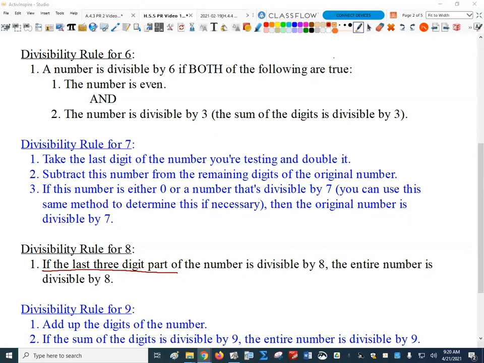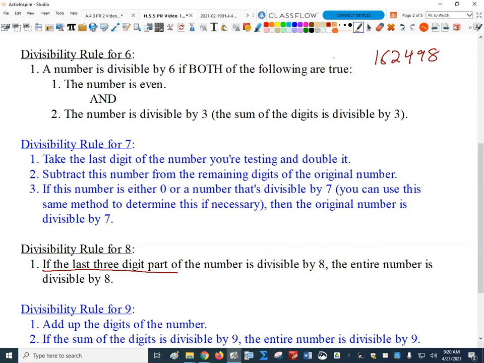Yeah, let's do that. Okay, we'll do that. We're going to try a really big one here. So for 7, let's try the number 162,498. So what do you do? You take the last digit of the number you're testing and you double it.